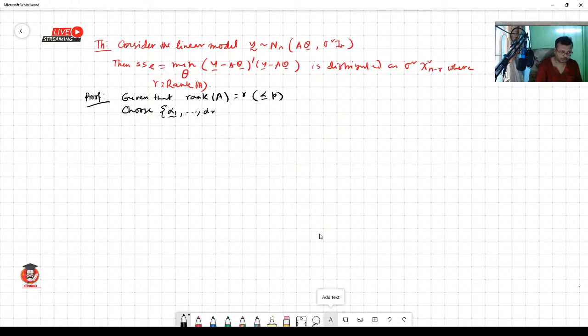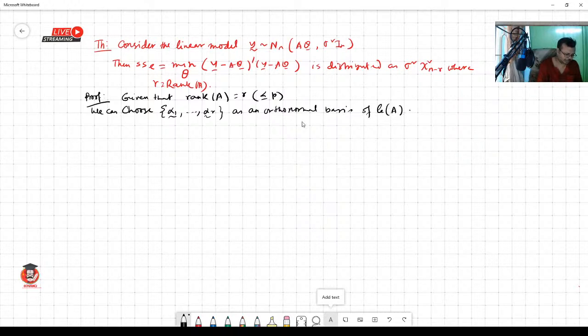Since rank of A equals r, this means we can choose alpha 1 curl to alpha r curl as an orthonormal basis of the column space of A.